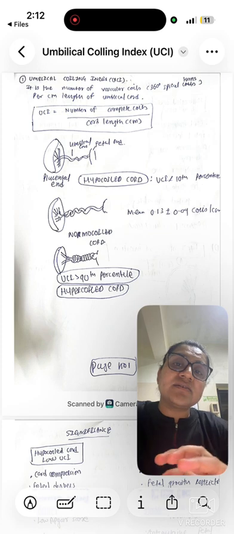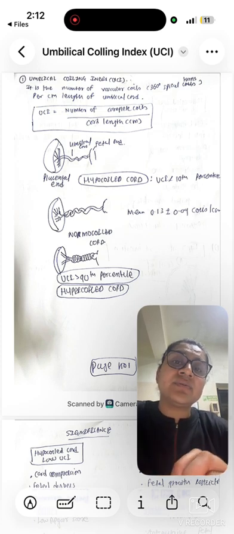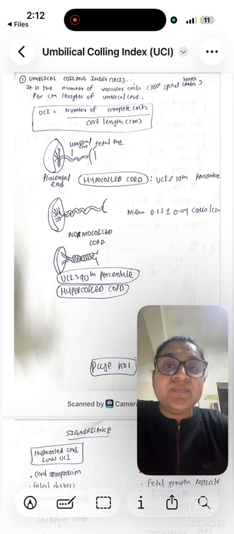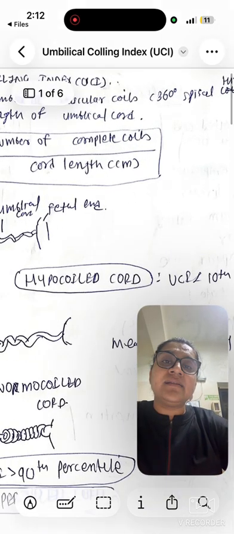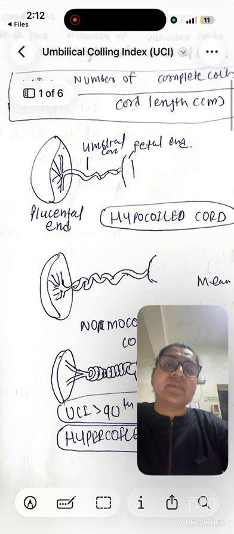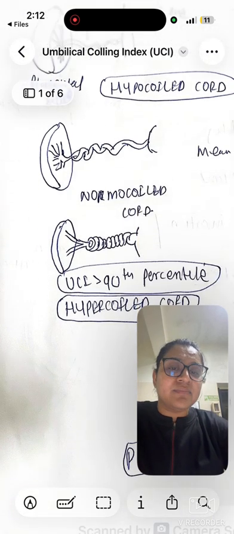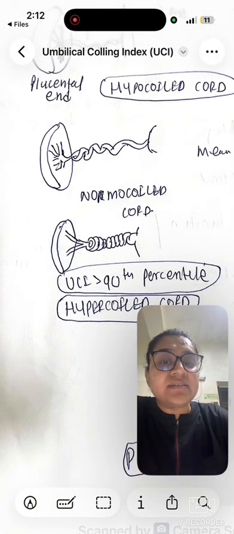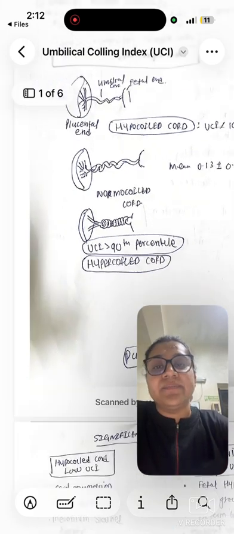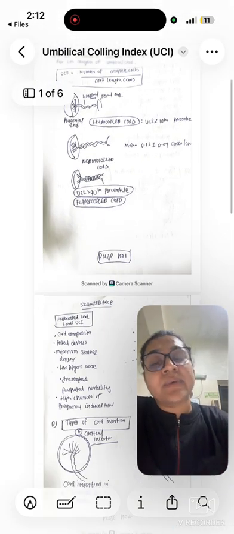In this answer also, the examiner can know that you know what the umbilical coiling index is. You just highlight the important points. You make a diagram that the examiner can just understand. You don't have to color it. So this is my strategy.